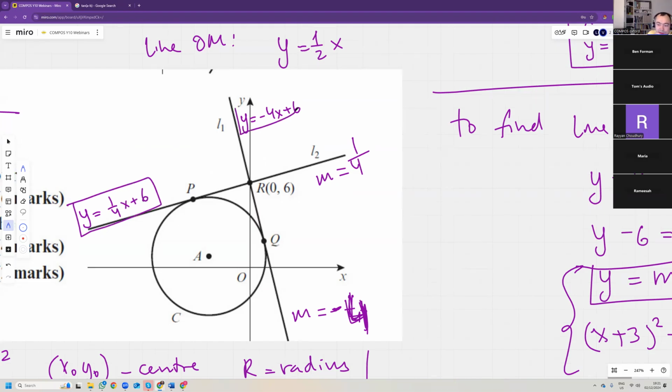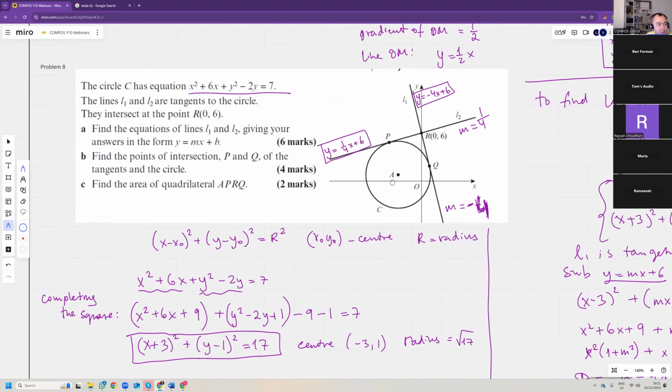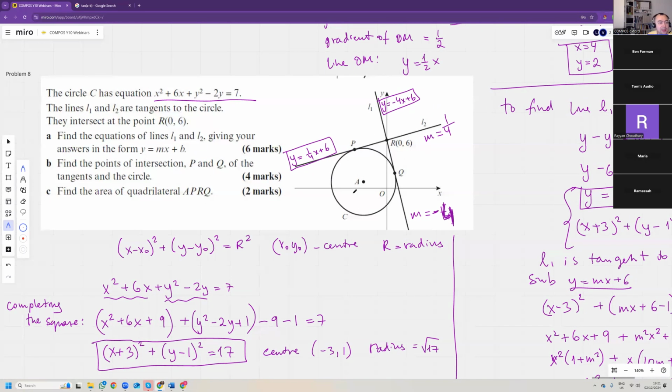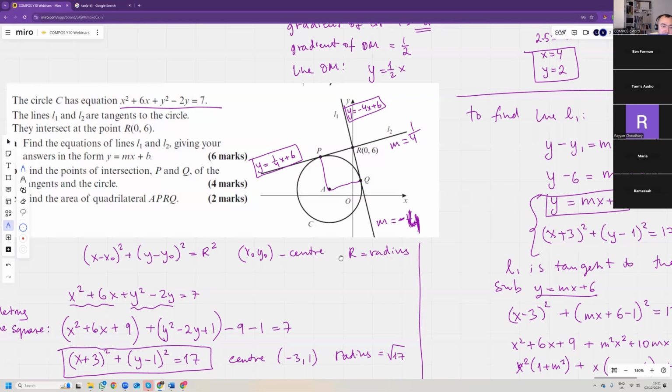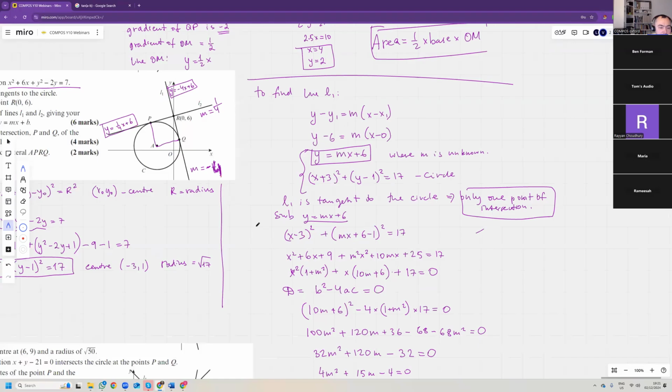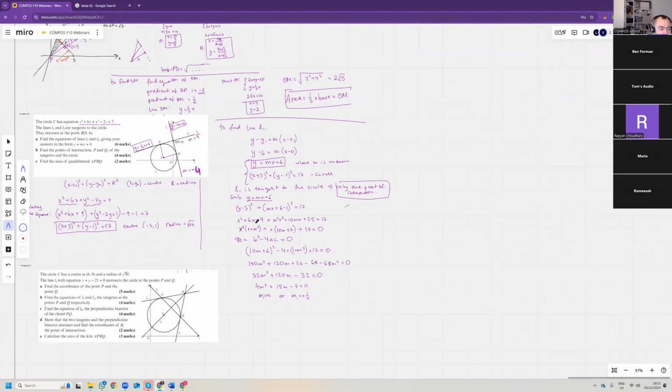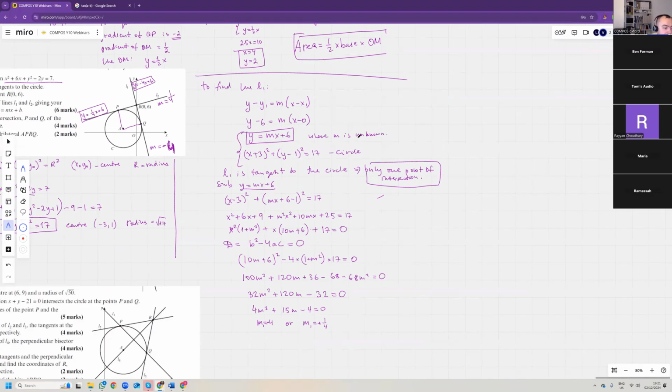And then you can find the intersections P and Q. And then it says find the area of the quadrilateral APRQ. Okay, so let's find P.